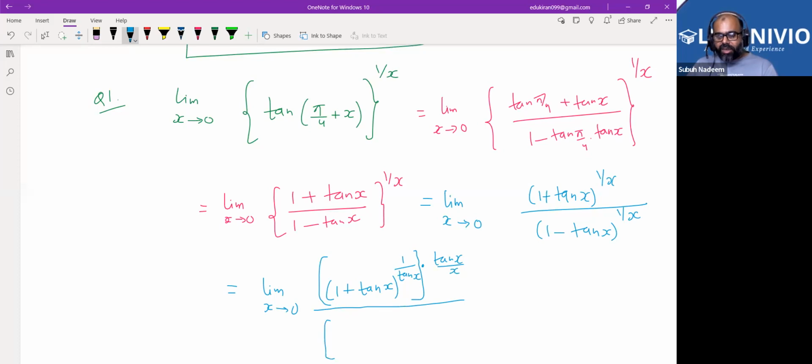In the denominator, this is 1 plus minus tan x. That will become 1 minus tan x to the power 1 by minus tan x. So we will have this to the power minus tan x by x.